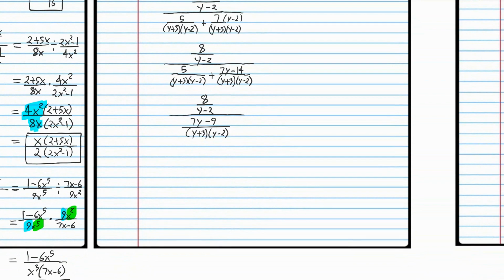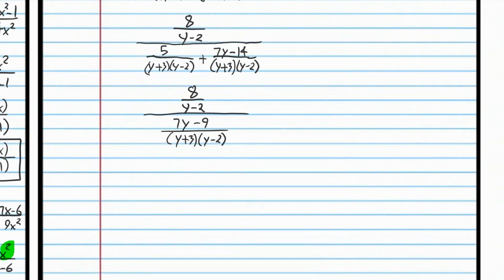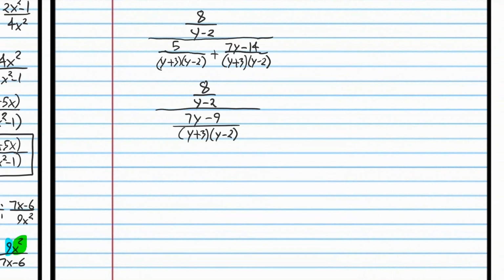And now it just becomes division. And as you can see, we're going down instead of going up. No big deal. It's kind of hard to keep everything in the page here, so sorry about that. So now it just becomes 8 over y minus 2 divided by 7y minus 9 over y plus 3 times y minus 2.